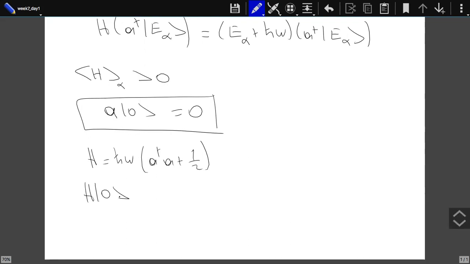If we act with H on the ground state, this is h bar omega times A dagger A plus 1/2 acting on the ground state. But you see, A acting on the ground state is 0. So this first term doesn't contribute, and we end up having the energy eigenvalue of this ground state, h bar omega over 2, non-zero. In the midterm questions, you were supposed to derive this ground state energy using the energy uncertainty relation. So basically, at least in the harmonic oscillator, the energy uncertainty relation allows you to determine the exact ground state.